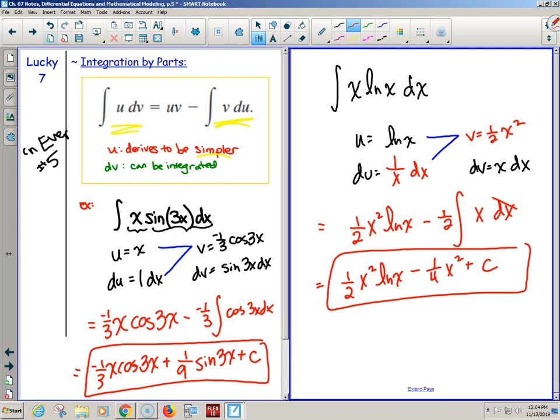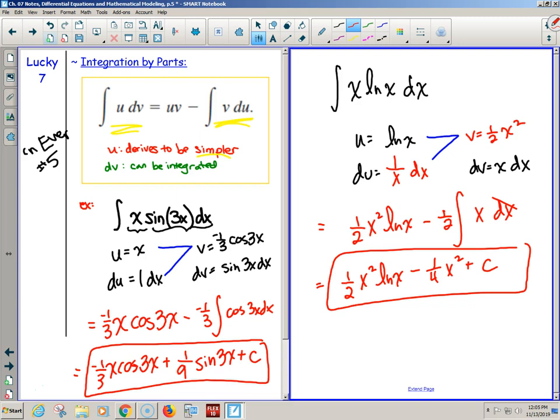And then we already know that x can be really good, x or x squared or x cubed, because every time you derive, it'll get better. So let's see. Logarithms are good use. Inverse trig are good use. Algebraic expressions are good use. And then if none of those are there to be used, maybe we have to go to trig, and maybe if trig isn't there, we have to go to exponential. Oh my goodness. L-I-A-T-E. LIATE. It's the order to choose the u.